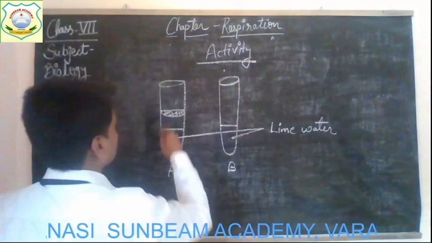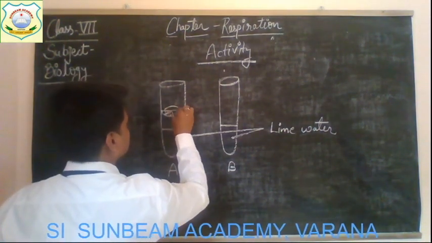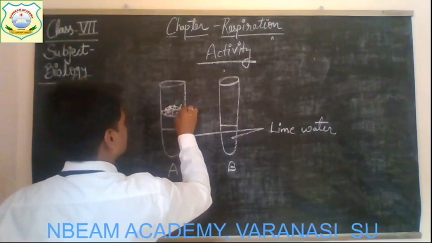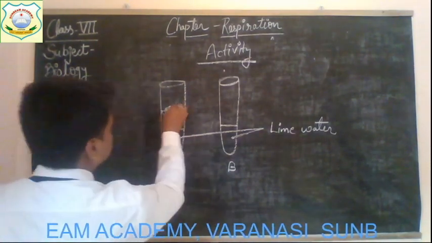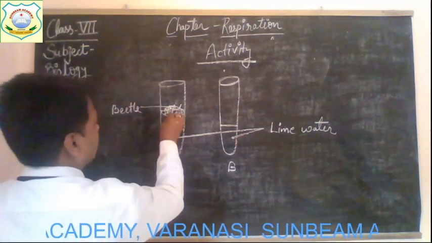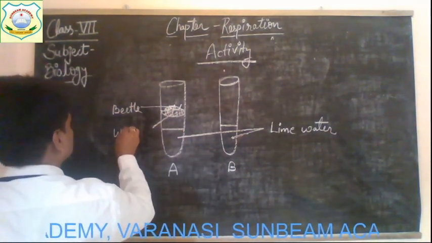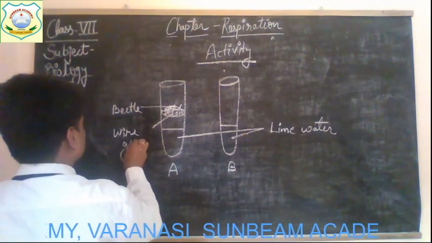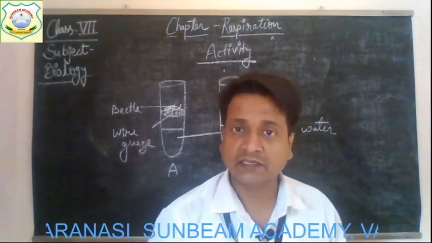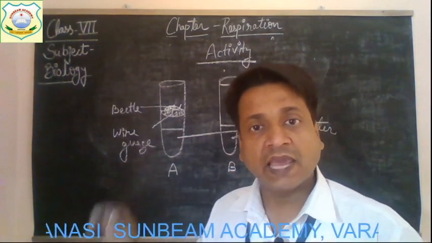Okay, so a small beetle, and this is the wire gauge. Get it? So this is the setup for the activity.